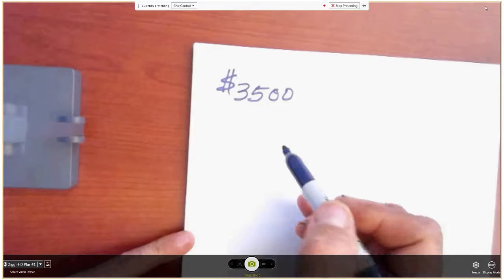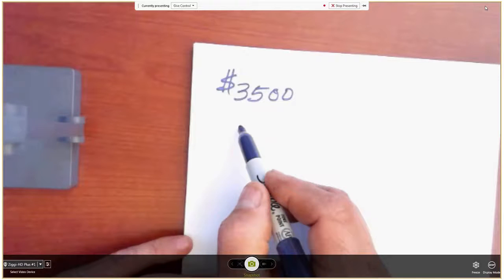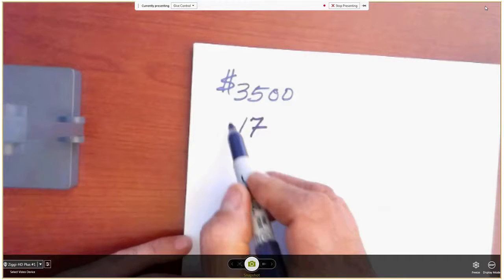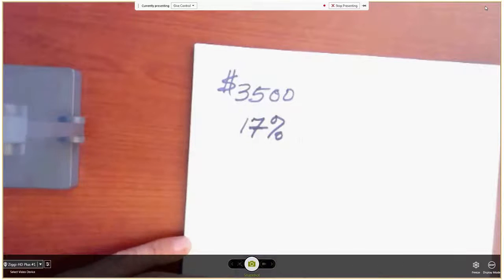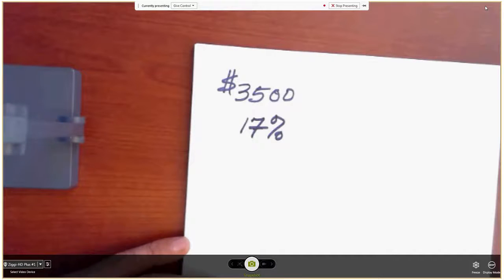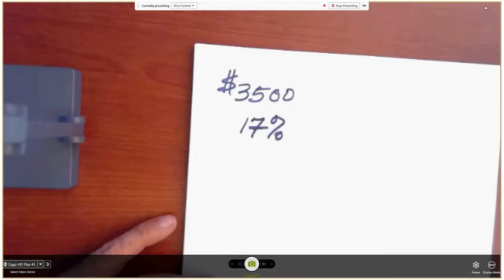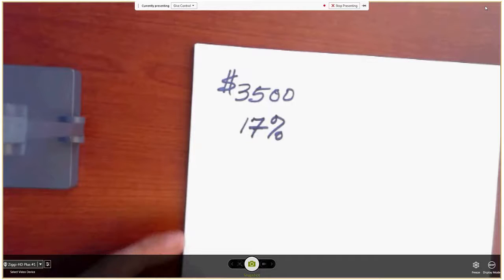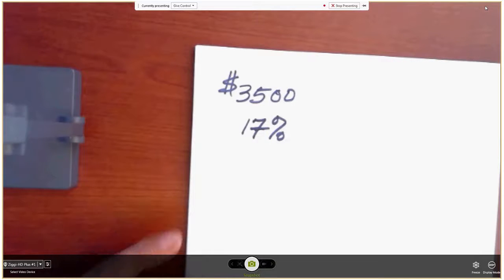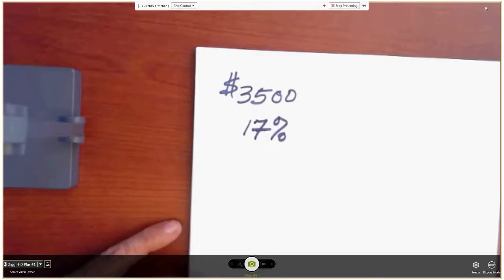$3,500, and let's say it's moderately 17%. Moderately. Yeah, because a lot of your scam credit cards, they're like 0%, and as soon as you put that stereo on, it goes up to 21%. That's one of them scams. I always tell students to go with the bank on your credit card. Ask the bank. The bank will give you an application.